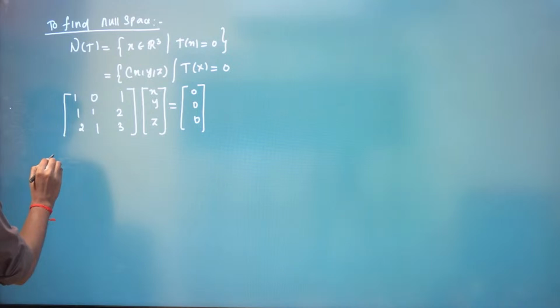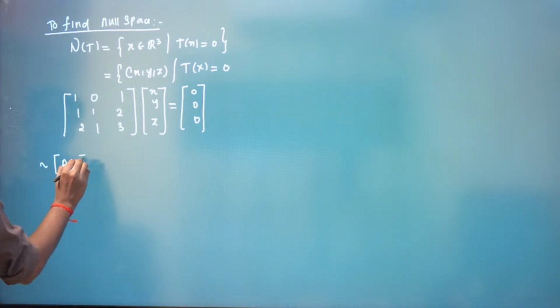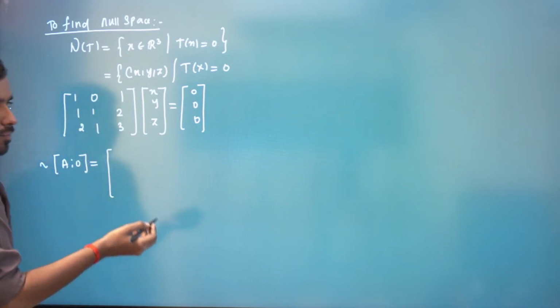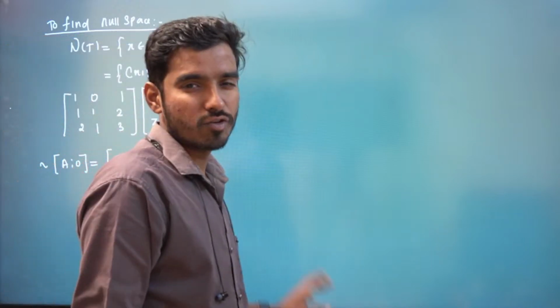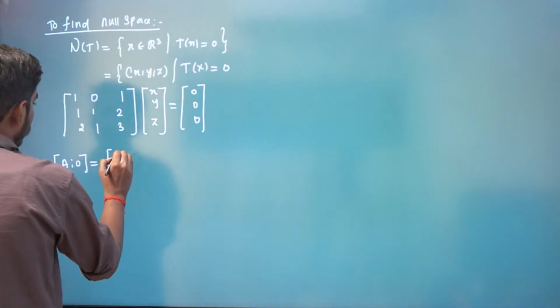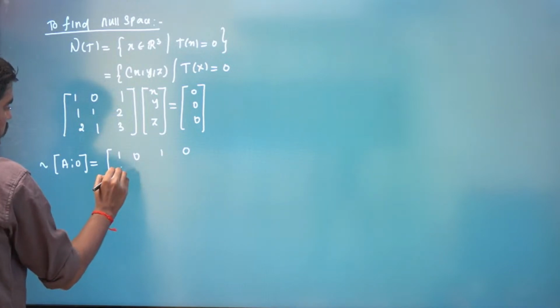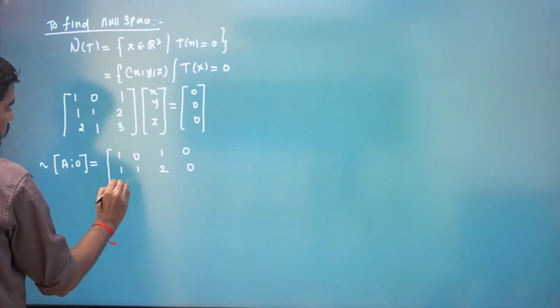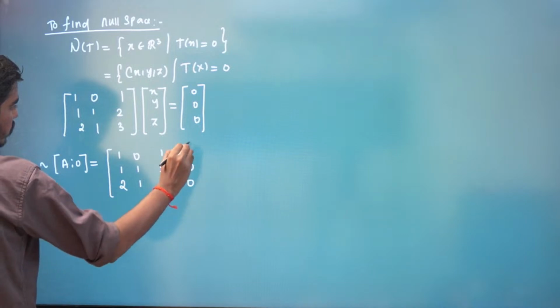So you just find the augmented matrix A comma O. Usually A comma B is used for non-homogeneous systems. For homogeneous, you write A comma O, which is 1, 0, 1, 0, 1, 1, 2, 0, 2, 1, 3, 0.